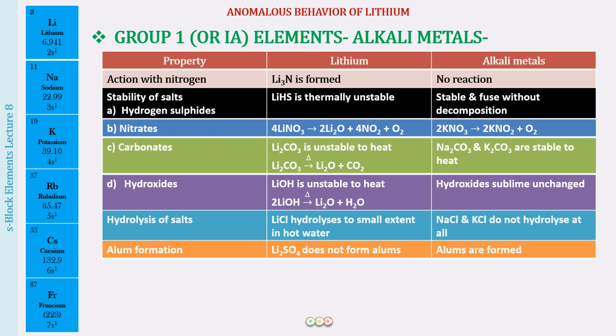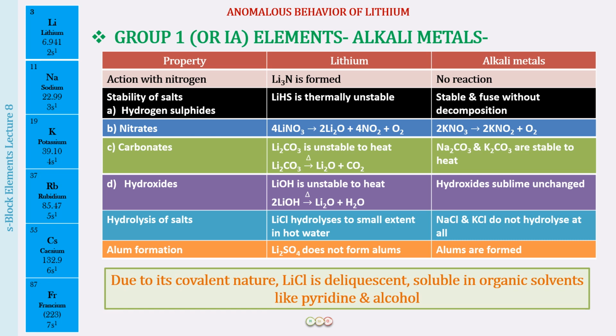All of the alkali metal sulfates, leaving apart lithium sulfate, are going to form alums or double salts. This is again what we discussed in the last lecture. We talked about the nitrates, the carbonates, the sulfates last lecture only. So I hope you all remember. The double salts or alums can be formed by all the alkali metal sulfates with the exception of lithium sulfate, which will not form alums.